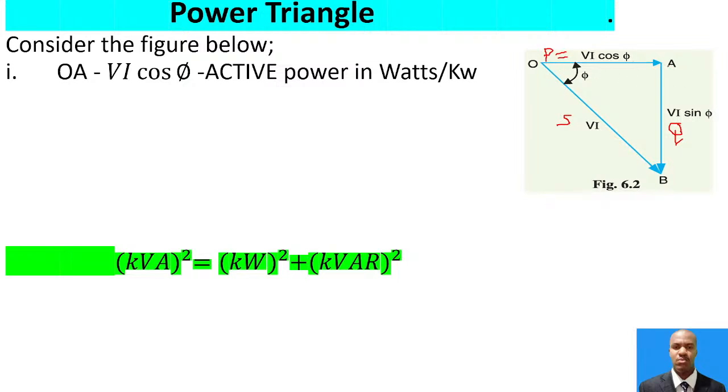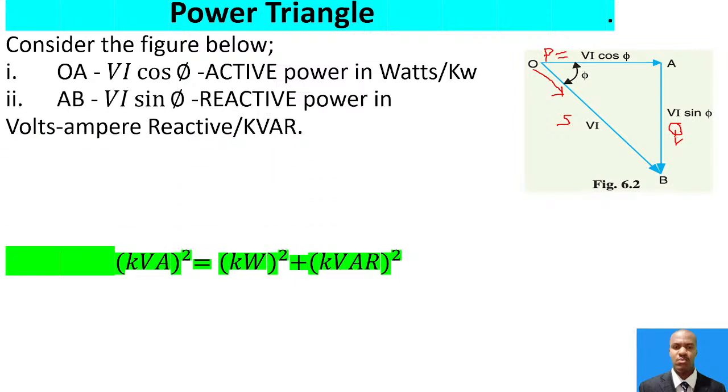Then we have our OB, from point O downwards to B, and this is our apparent power. It is a composition of the real and the reactive power. Then we have point A to B. This is our reactive power, abbreviated by capital letter Q.